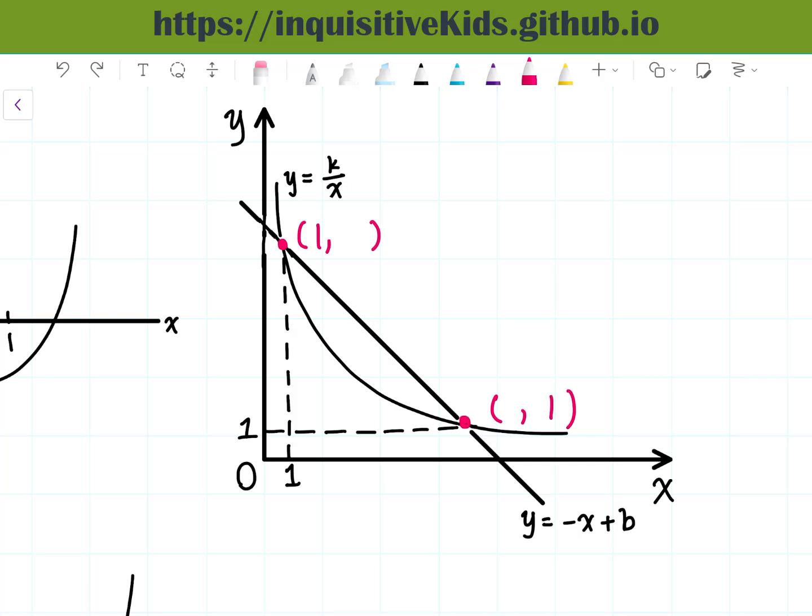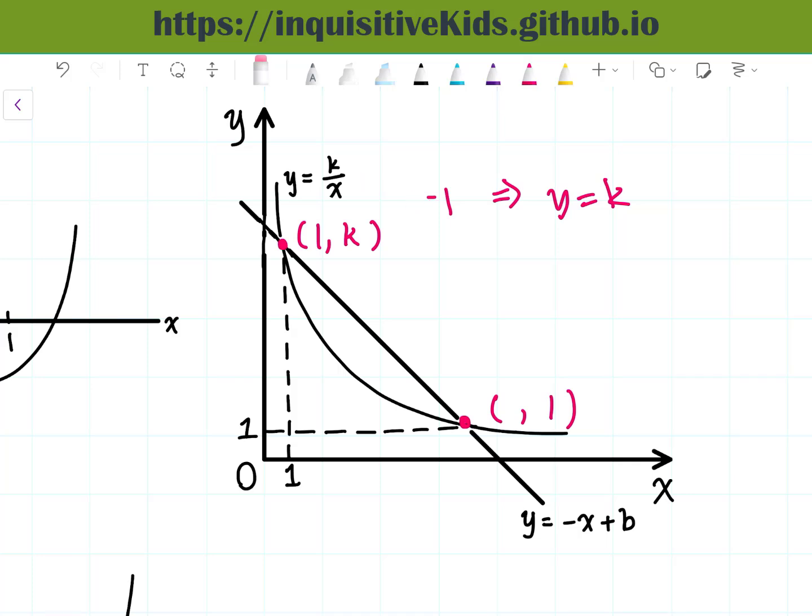Well, we see that this is a point that's obviously on both graphs. But if we just substitute x is equal to 1 into the inverse function right here, we'll see that this gives us y is equal to k. Therefore, we know that the y-coordinate of this point would be k.